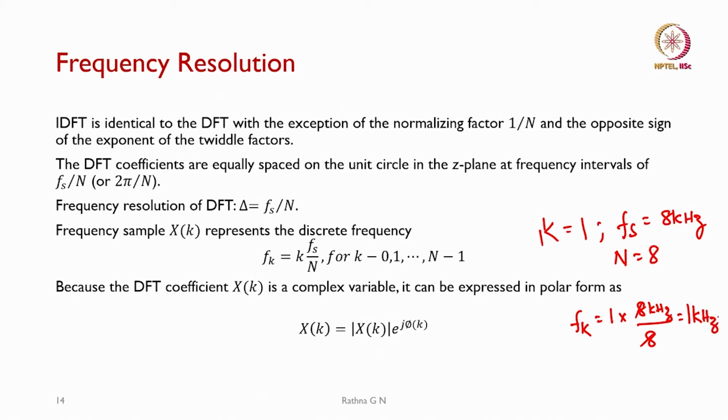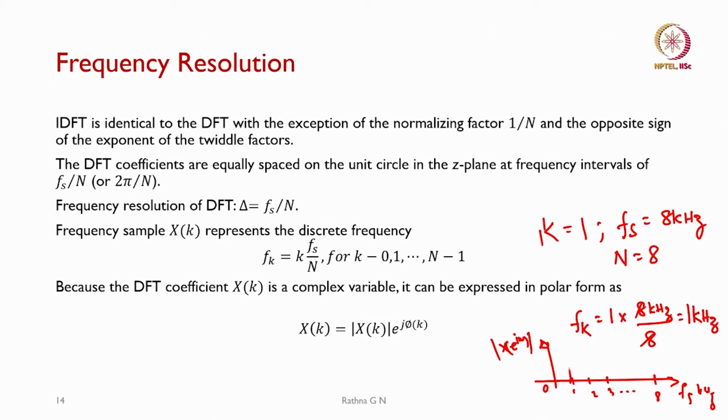So, you will be seeing that fk at k is equal to 1 is 1 kilohertz. So, if I draw it, this will be my magnitude of x of e power j omega, and this is the fs in kilohertz, and this is my 0, this is 1, 2, 3, I will put it as 8.